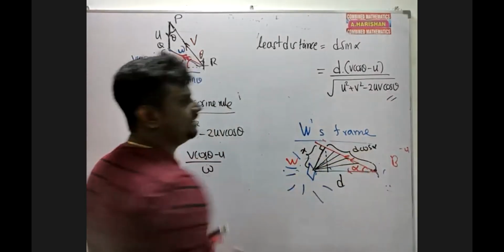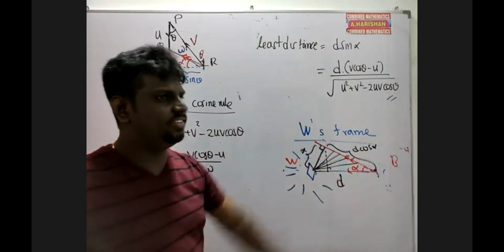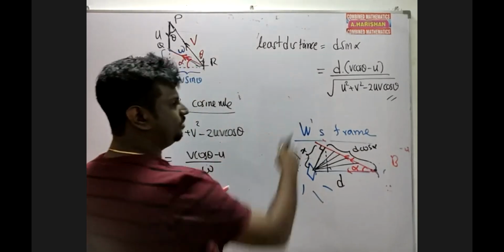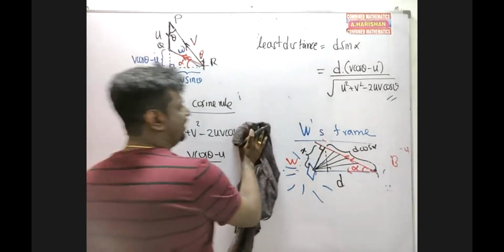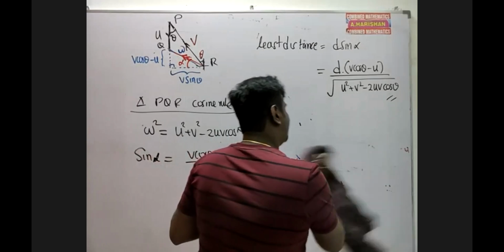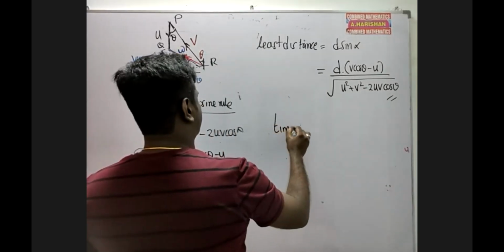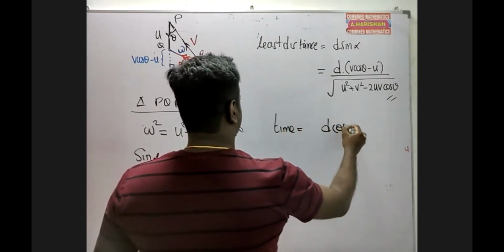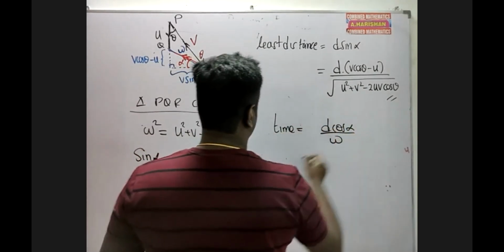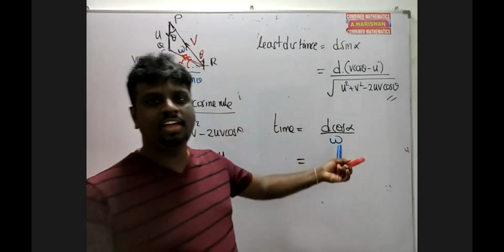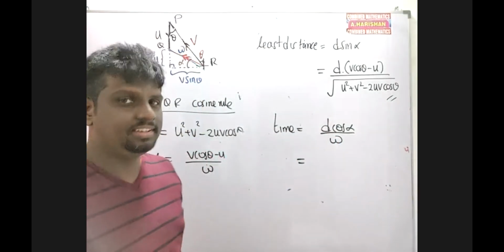What is that? d cos alpha. You divide d cos alpha by W. So time taken is d cos alpha divided by W. I'm going to erase this because I am going to simplify it. Don't substitute for cos alpha and W separately. Why?